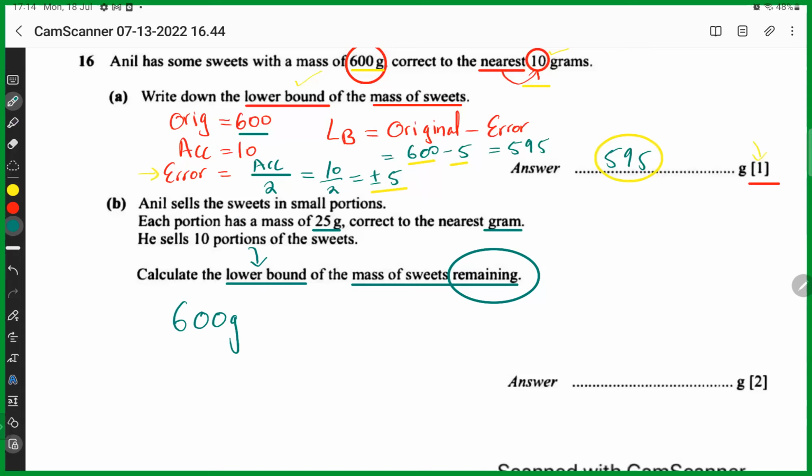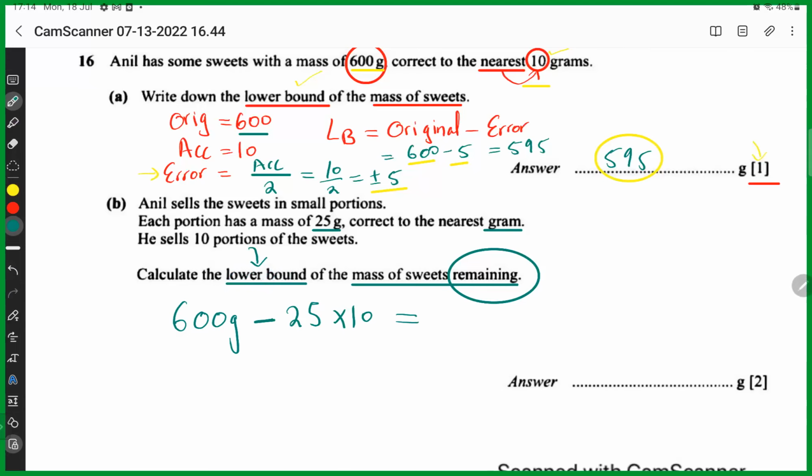Okay, so technically it is 600 minus 25 for one portion, multiplied by 10, and this would give you the figure for remaining. But the question is not this. The question did not say calculate the mass of remaining sweets. The question is calculate the lower bound of the mass of remaining sweets. Now understand mathematics. You have a minus sign.